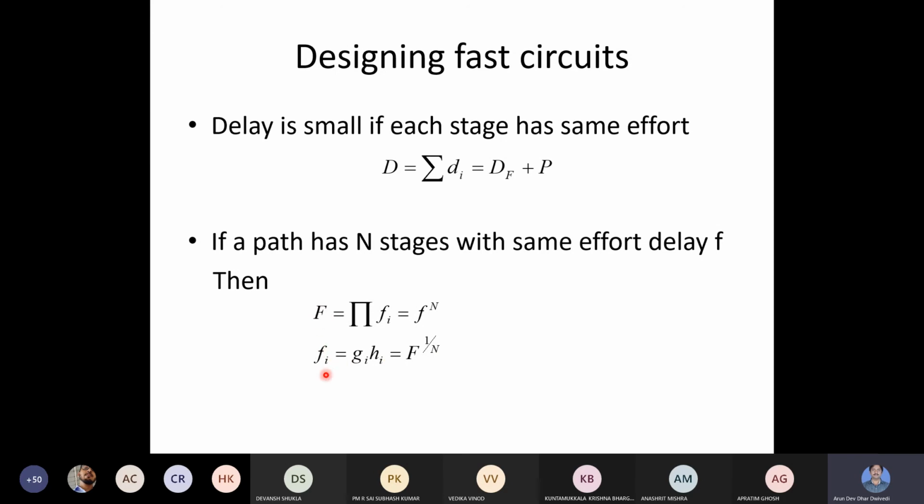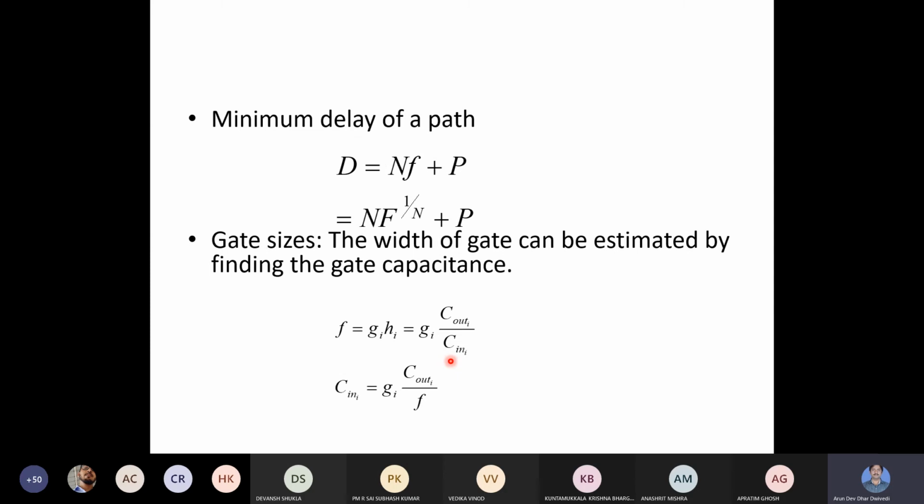So fi, the effort of one individual stage, is equal to gi hi, which is the nth root of capital F, or F to the power 1 by n. Then minimum delay of the path D equal to N f plus P, and small f already defined, so n into F to the power 1 by n plus P.